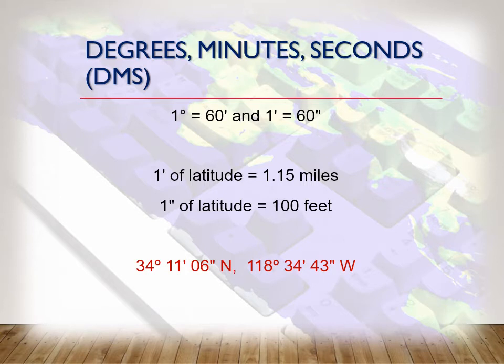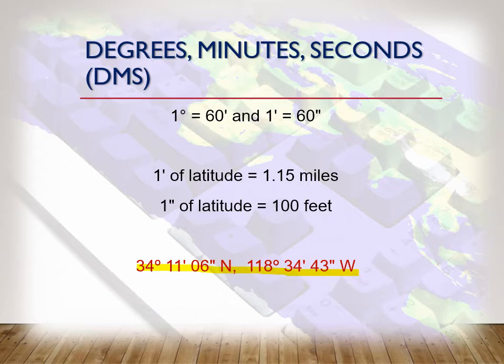Now, depending on where you're located, the space between degrees of longitude can change, where the space between latitude values really doesn't change too much. Just for your information, Pierce College is at 34 degrees, 11 minutes, 6 seconds north, 118 degrees, 34 minutes, 43 seconds west. Another way of doing this is using positive and negative values.